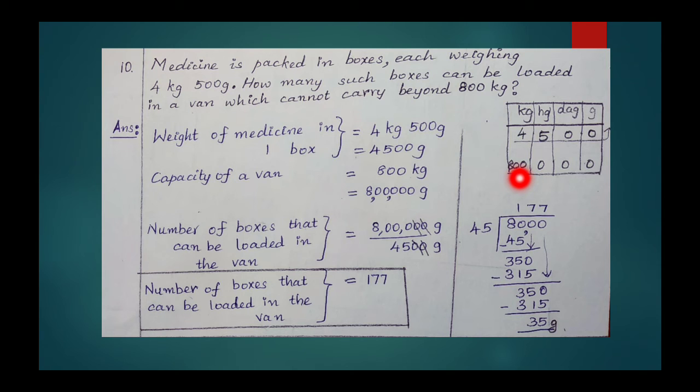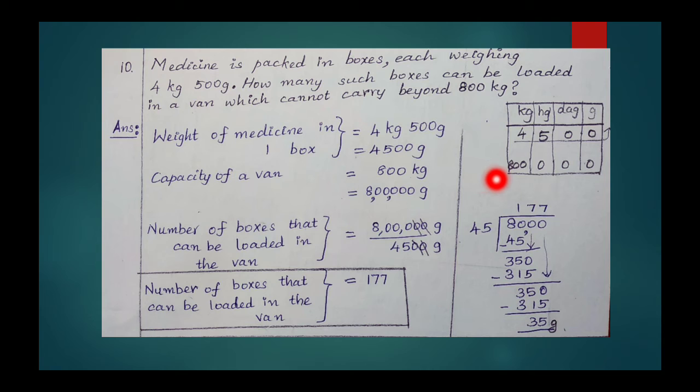We don't have options to write to the left of the kilogram box, so we write all the three digits in the first box, kg itself. Next we have to convert this into grams, so fill all other boxes with zeros.